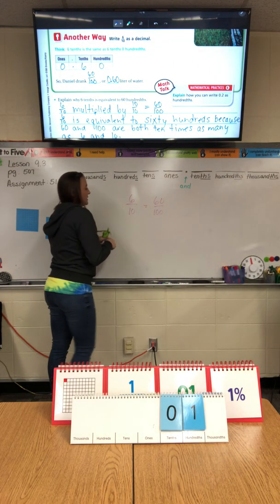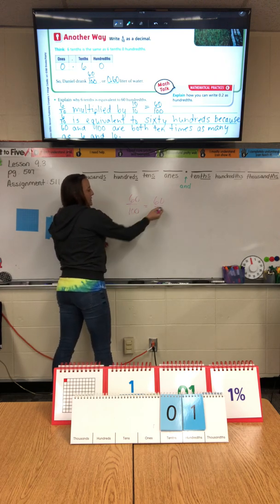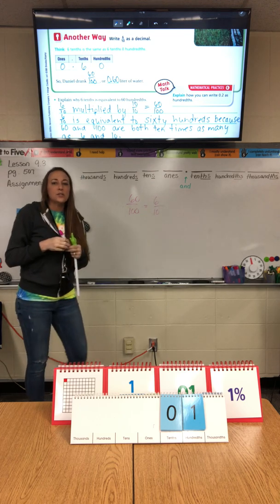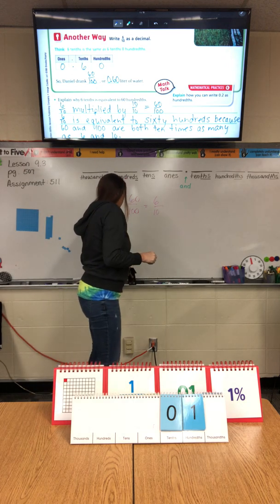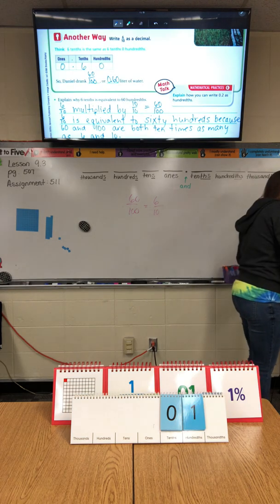In other words, if you add a 0 here and add a 0 here, it's the same thing as this. Or if you take this 0 off and this 0 off, it becomes 6/10. So if we do the same thing on the top and bottom, then it means it's an equivalent fraction.